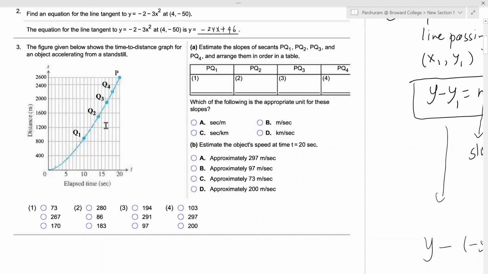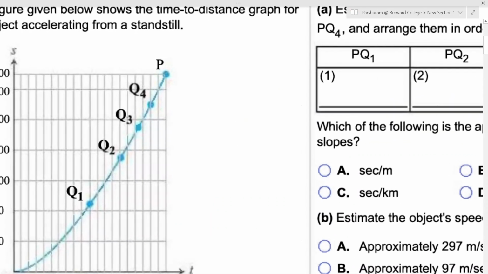When time is 20 seconds, the object is at P, which is a distance of 2600 meters. When time is another value, you can see 18 seconds, the object is at Q4, and you can approximate the value.